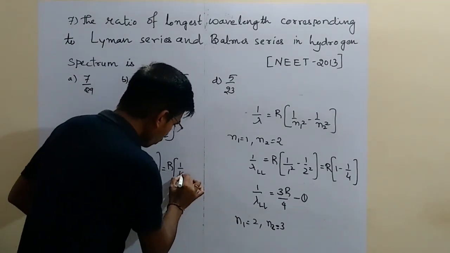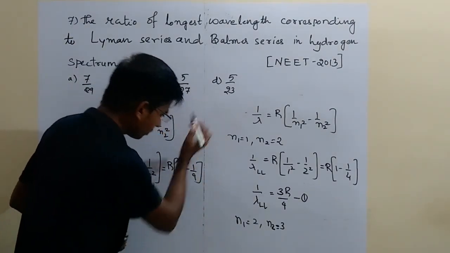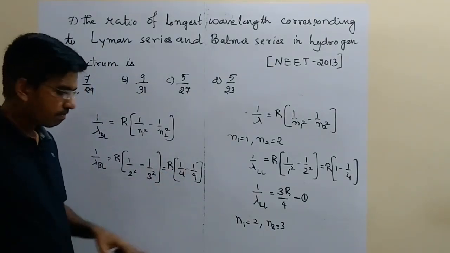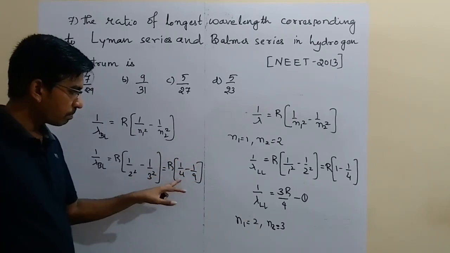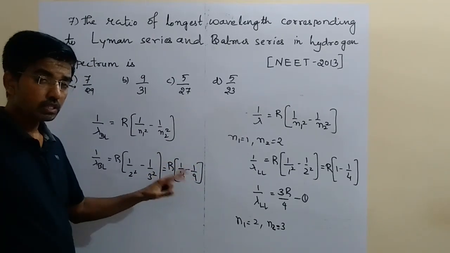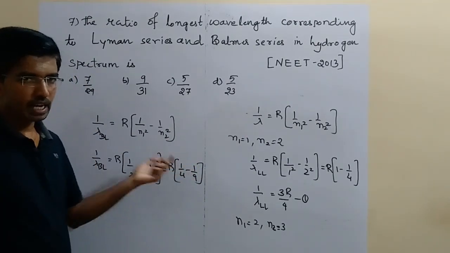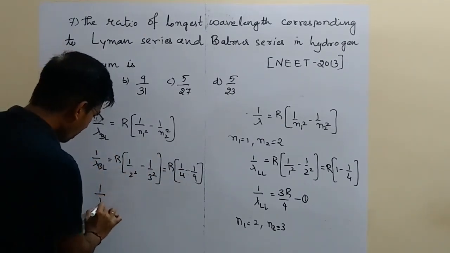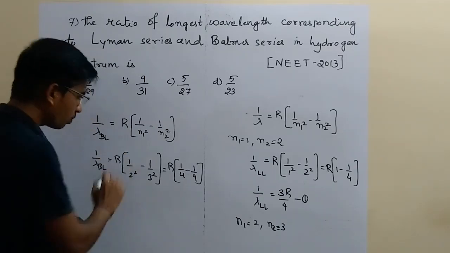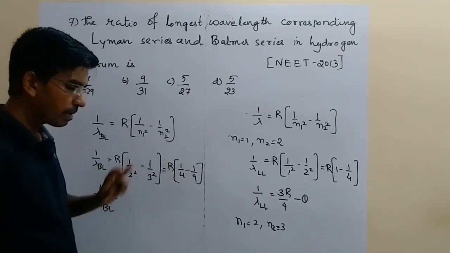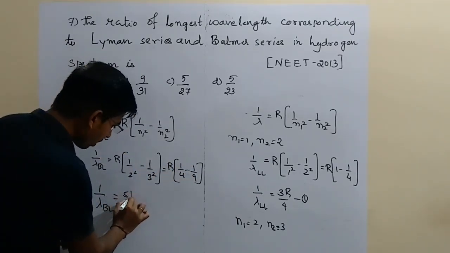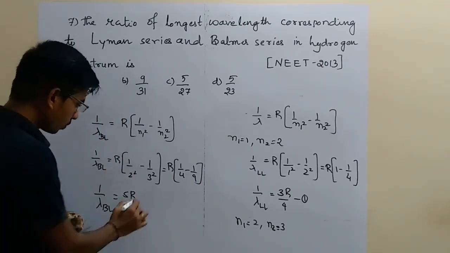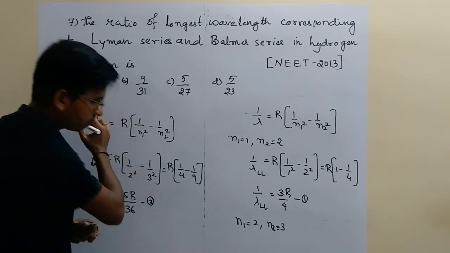Take the LCM, you will get 36. After simplification, this bracket reduces to 5 upon 36. Then this equation reduces to 1 upon lambda BL equal to 5 upon 36 into R, that is 5R divided by 36. Take it as equation number 2.